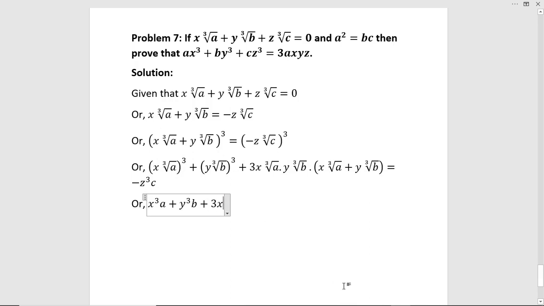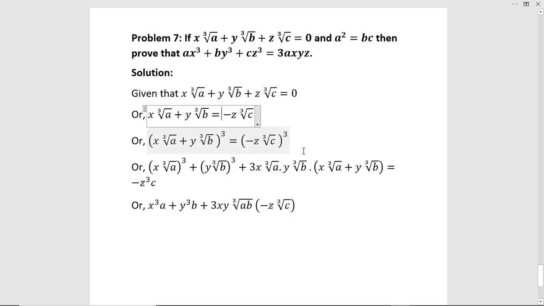Now 3 into xy are arranged like this, and we have cube root of a and cube root of b, which will give us cube root of ab, and x cube root of a plus y cube root of b is equal to minus z cube root of c. So we have replaced x cube root of a plus y cube root of b with minus z cube root of c, and then we will write minus z cube c as the right hand side.